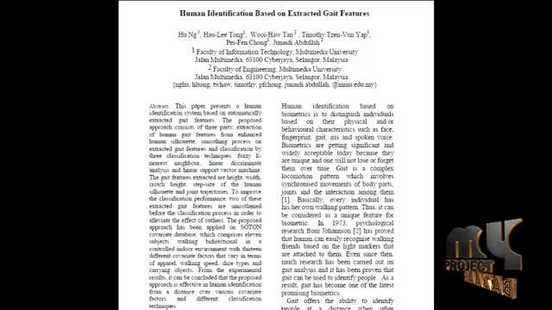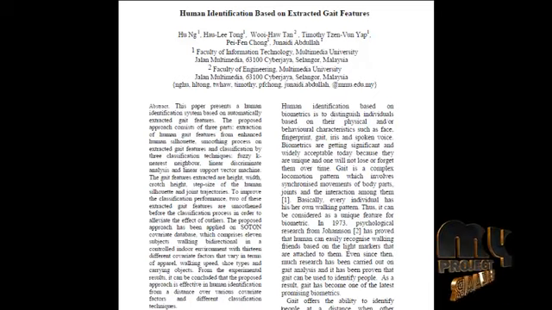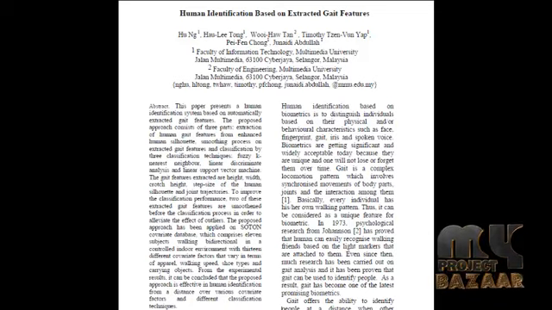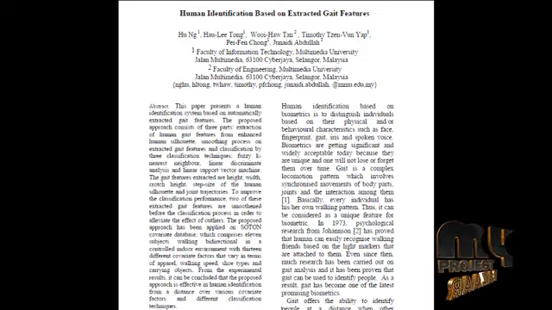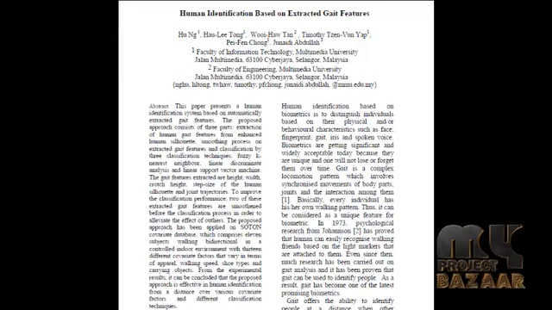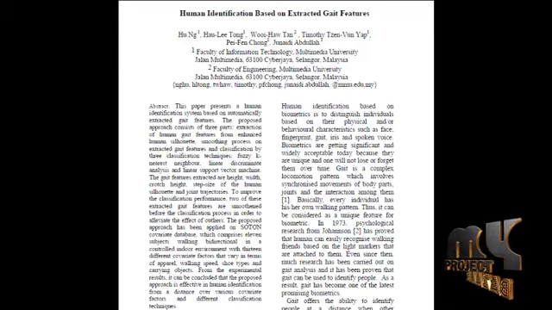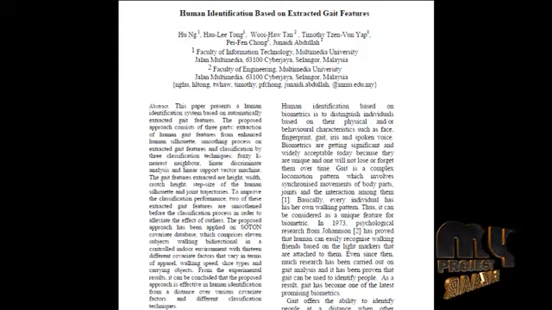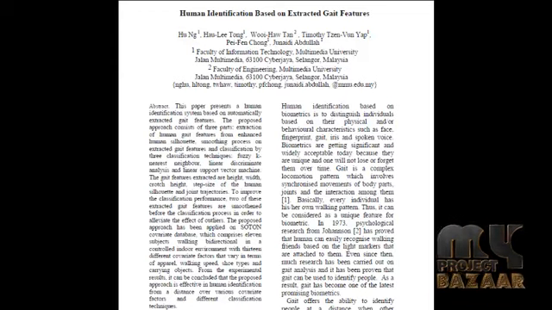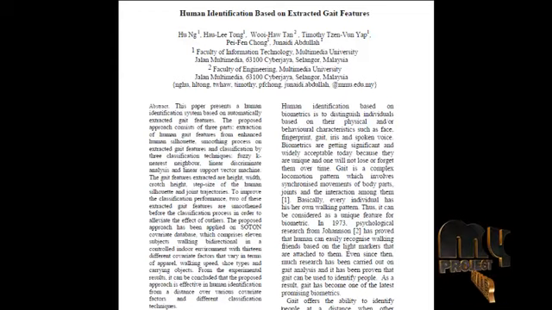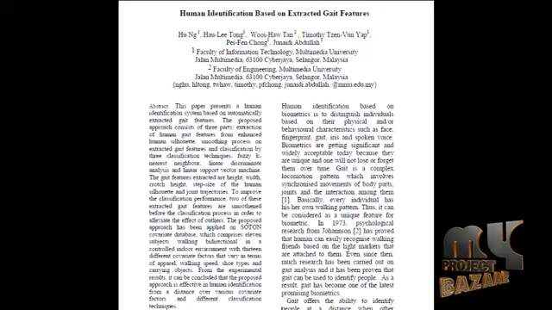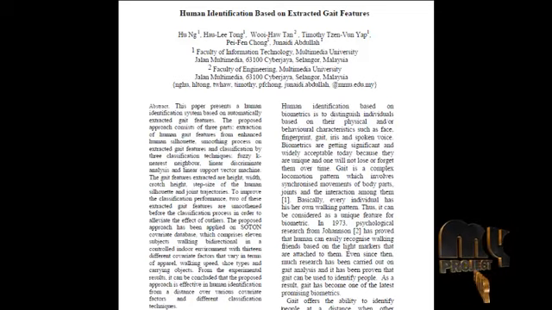Gait offers the ability to identify people at a distance, even when other biometrics are obscured. Biometric images like fingerprints need human interaction, but gait does not need human interaction. Gait features vary from human to human, and based on this the project is done.